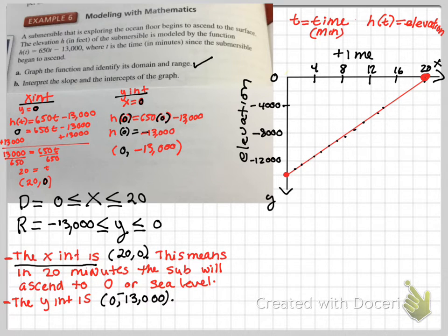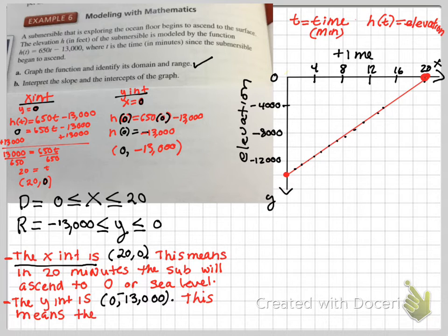This means, 0 stands for the x, and my y-intercept is at negative 13,000. So 0 minutes, what does that mean? That's the starting time.